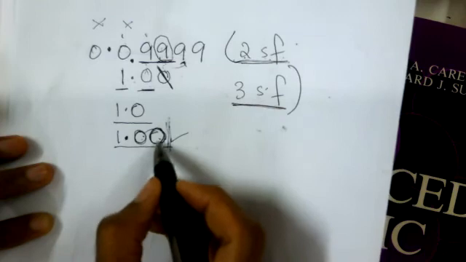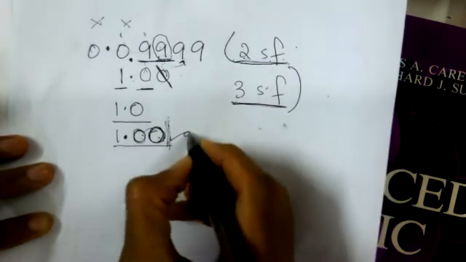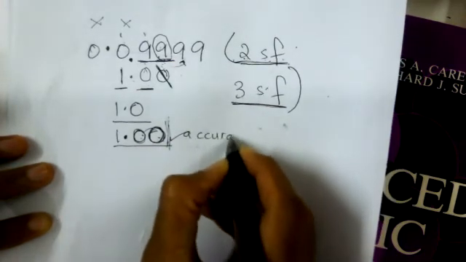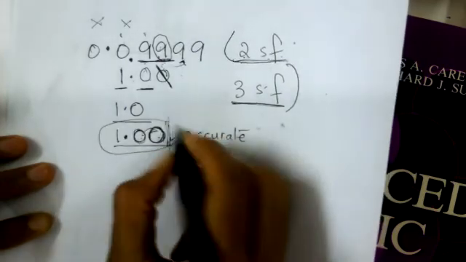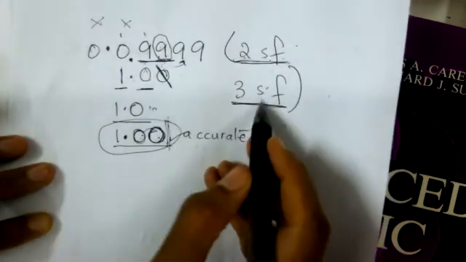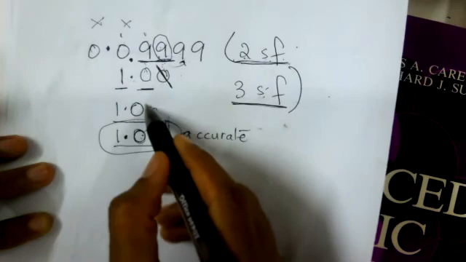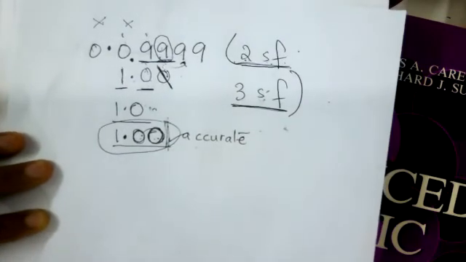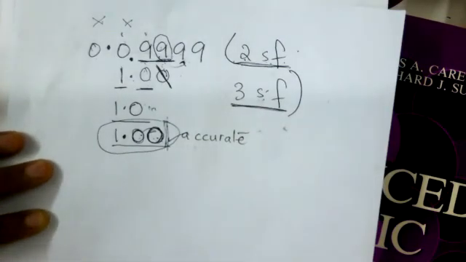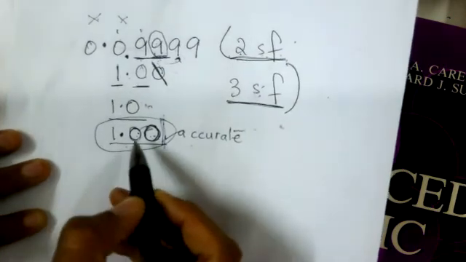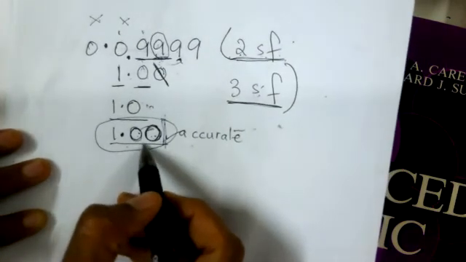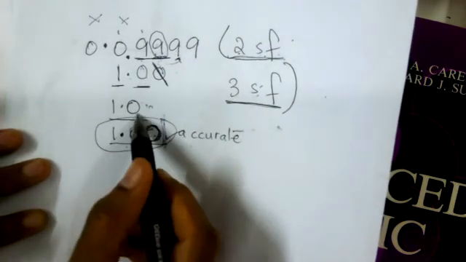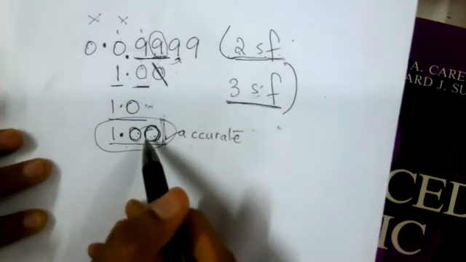So this is more accurate than this, and that is why it has more significant figures than this. So yes, the value is the same, but this is more accurate and this is more significant.